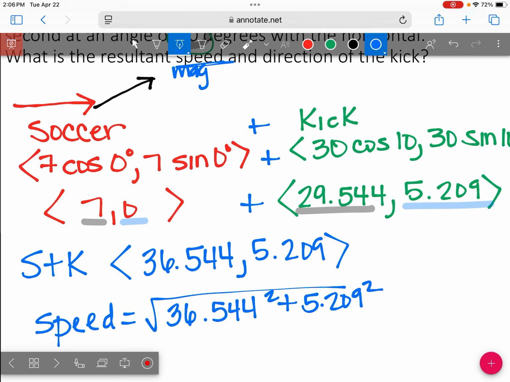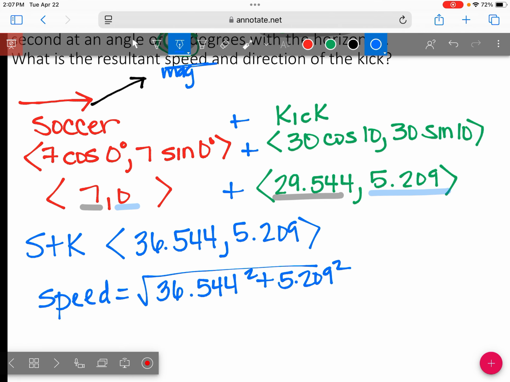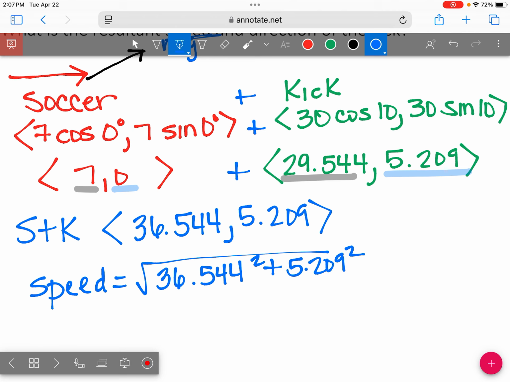See what you get for the speed of the kick. It's not the player speed, it's the speed of the kick, so the ball and the force he applied to the ball. Go ahead and type that in.